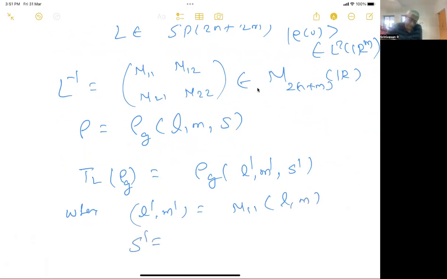And S prime is equal to M11 transpose S M11 plus half.